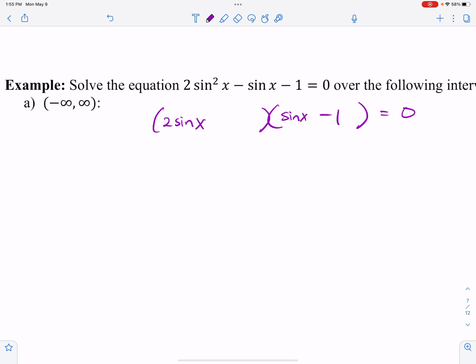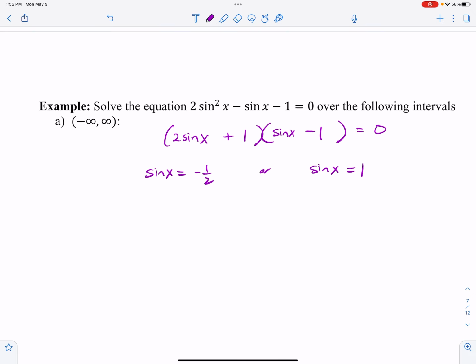We need to get the negative sign for the middle term. So I believe that that's how it factors. 2 sine squared minus 2, yep, plus sine minus 1. There we go. So you get sine of x equals -1/2, where sine of x is equal to 1 by the zero product property.